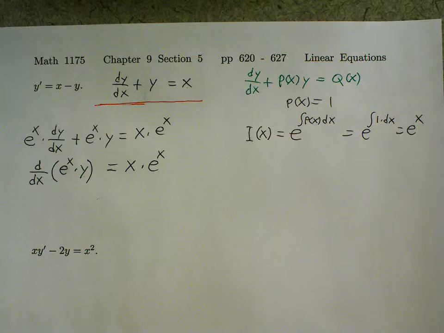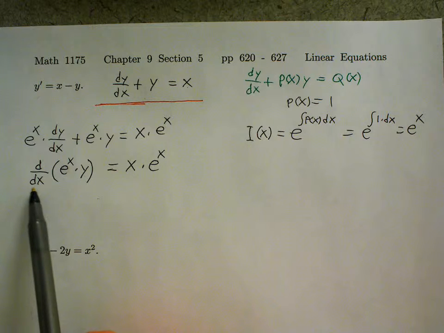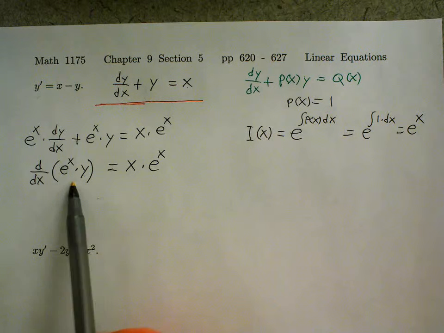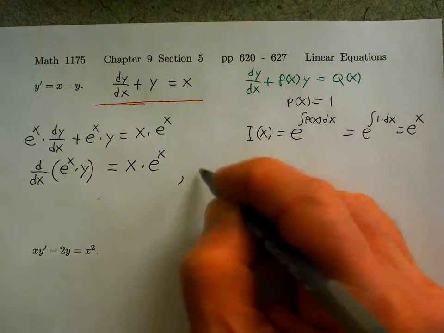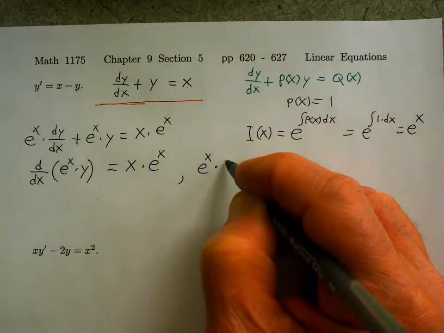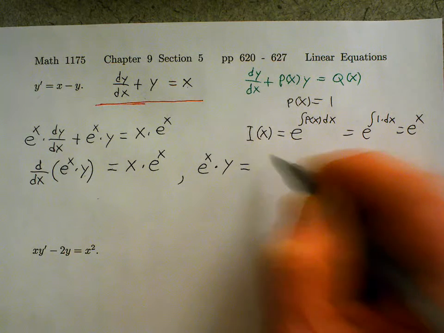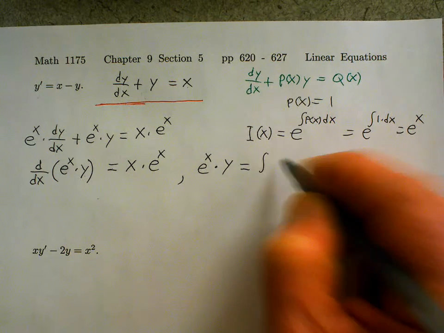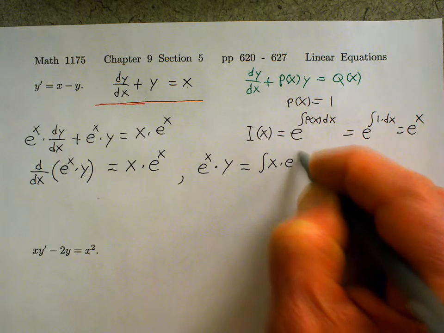Now we integrate both sides. Well, when we integrate the derivative of a product of two functions of x, we just get that product of functions of x. So e to the x times y on the left-hand side, and on the right-hand side, we want to compute the antiderivative of x times e to the x dx.